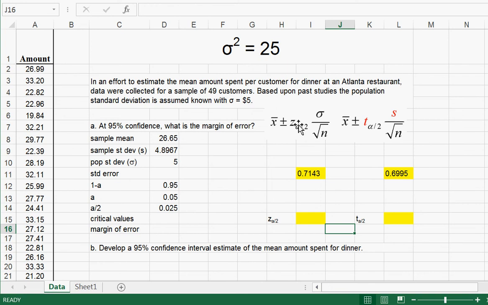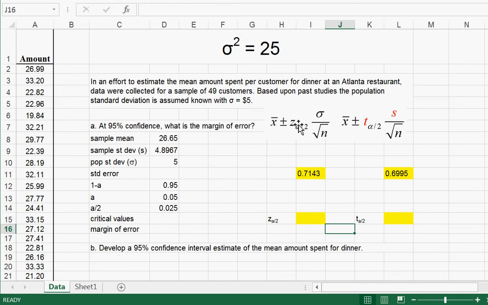Put your hand down if you're below 5. So sometimes sample standard deviation is below the population standard deviation, and sometimes it is above.